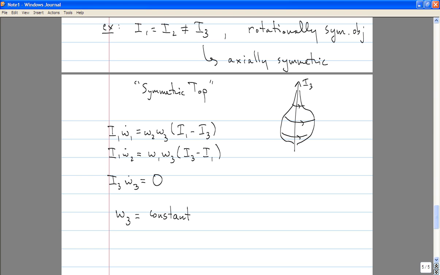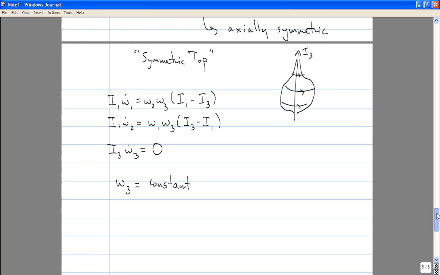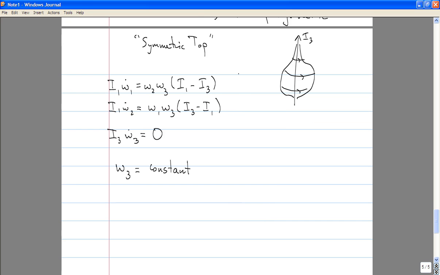Okay? Now, because omega 3 is equal to constant, we're in business. That's because the remaining two equations are now linear equations for omega 1 and omega 2. So let's go through this.